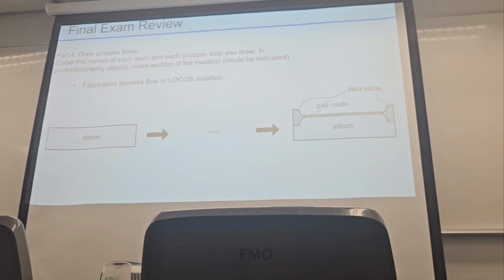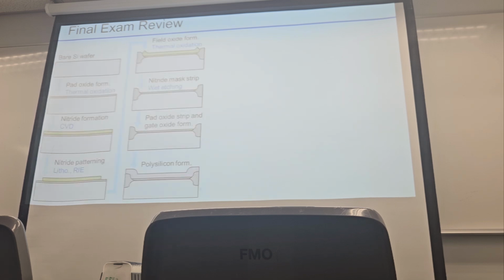So for example, we may ask you to draw the fabrication process flow of the local oxidation isolation. So this is the silicon, then how to get the local oxidation patterns. The local oxidation of silicon isolation, which is here, so you need to remember these steps.